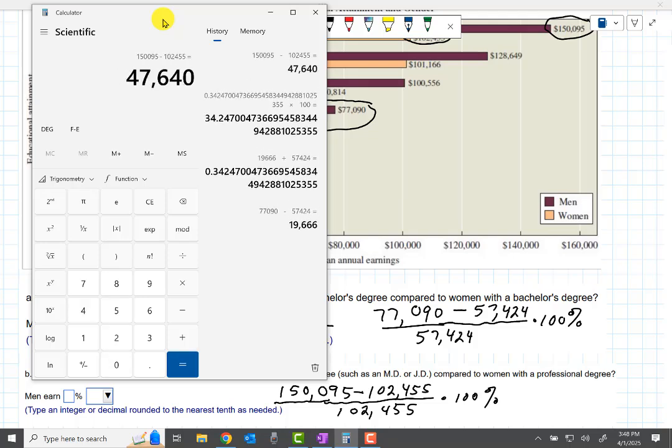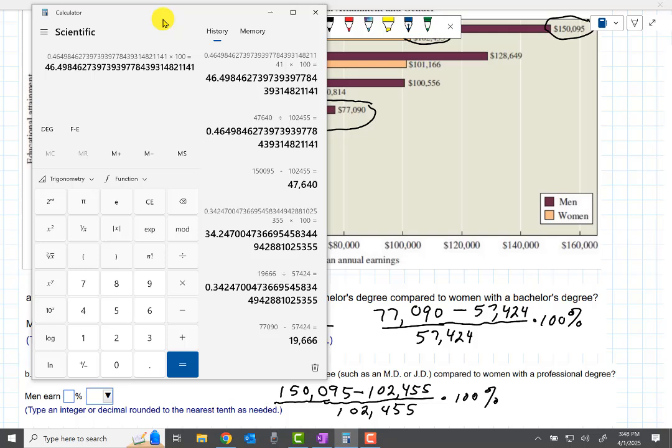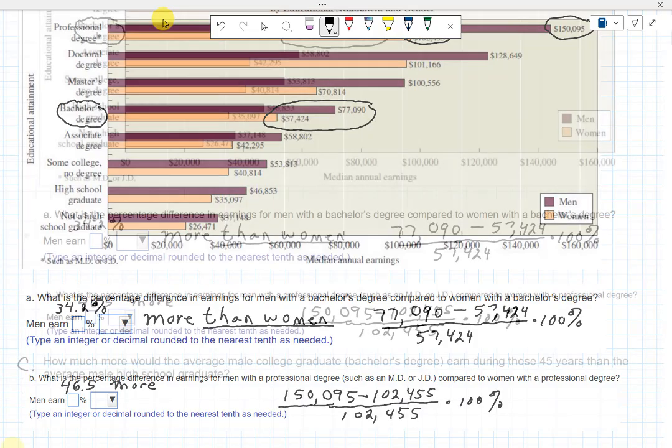And then I will divide by 102,455, and finally multiply by 100. To 1 decimal place, it looks like I'm going to have 46.5% more than women. So that would be the answer to that question there.